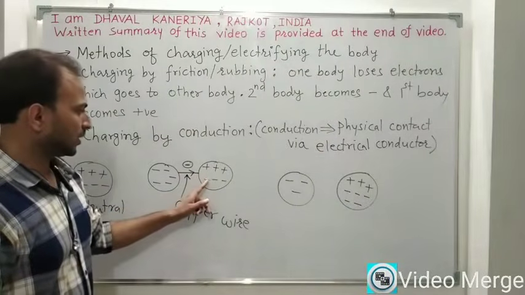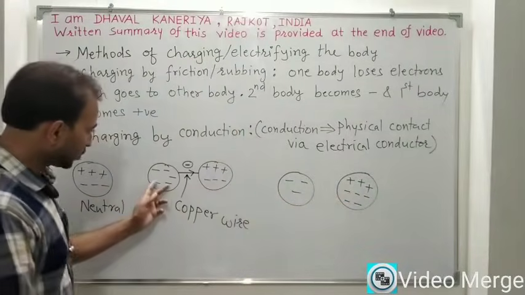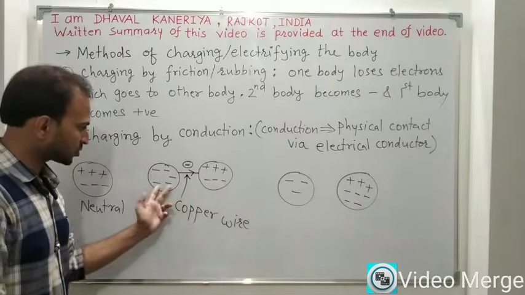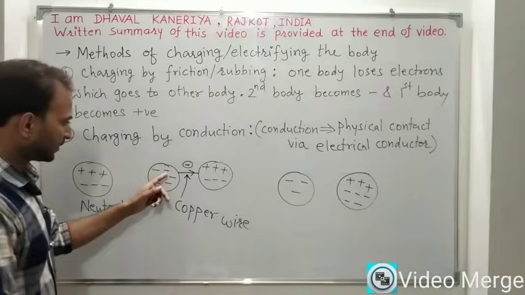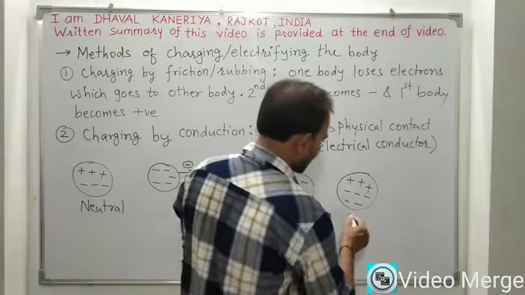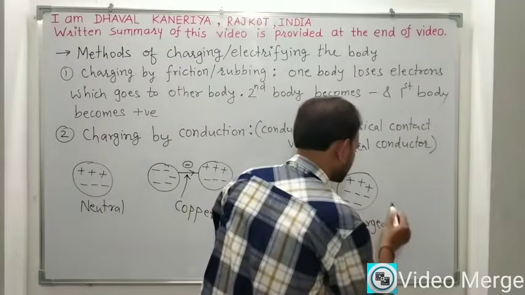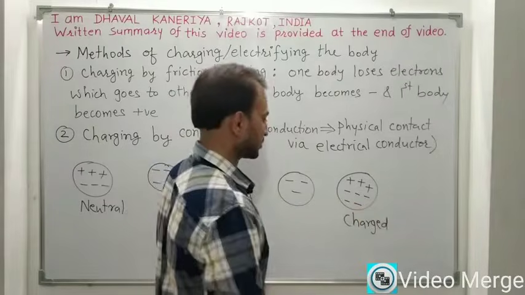Two electrons from first body go to second body. So 3 plus 2, 5. 1, 2, 3, 4, 5. And here 5 minus 2, that is 3. So this becomes charged. It has 2 extra electrons.